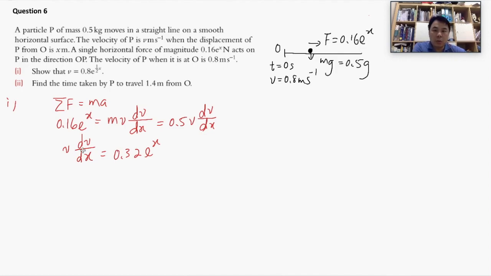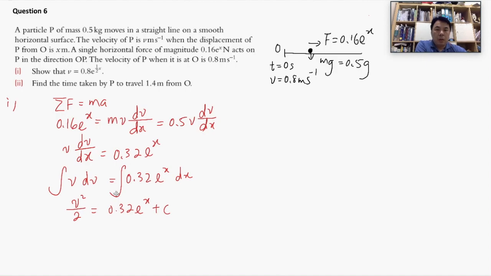Now next I'm going to solve this. It'll be v squared over 2, this one remains as it is, plus a c. And then we know that at x equal to 0 meter, v is equal to 0.8 meter per second.